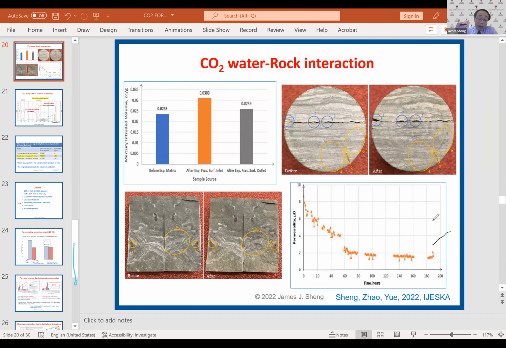You cannot simply say this kind of interaction is going to increase or decrease permeability. It depends on whether the microfractures are connected or not, similar to CO2.